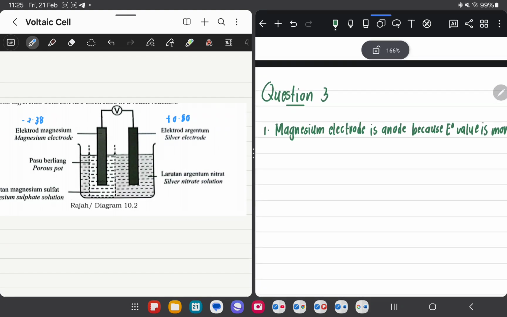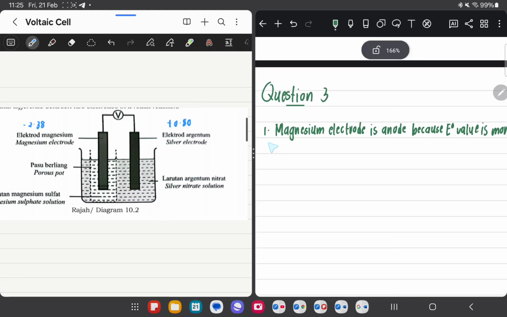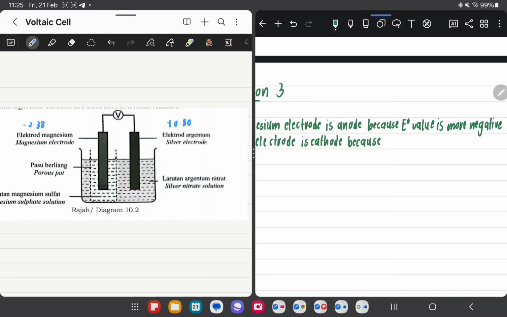Then your second one is, you should say argentum electrode, which is the silver electrode, is cathode because E naught value is more positive. So this should be your second answer.